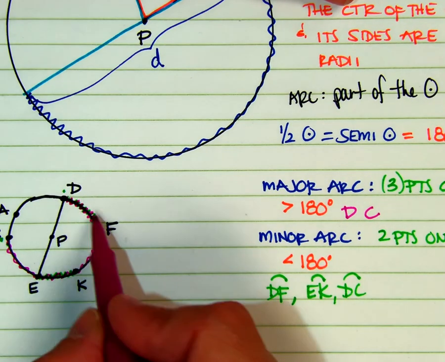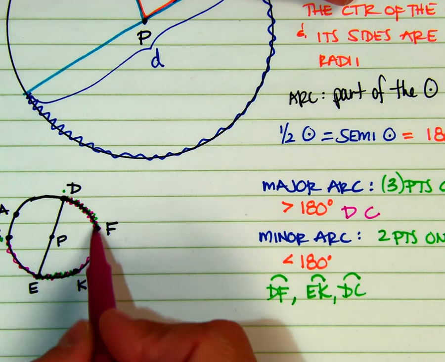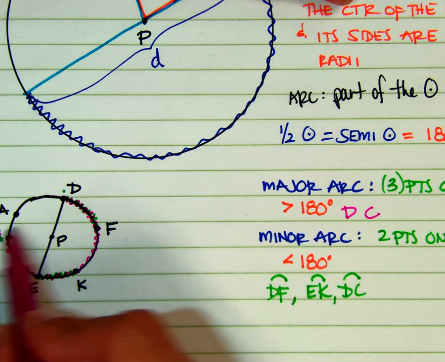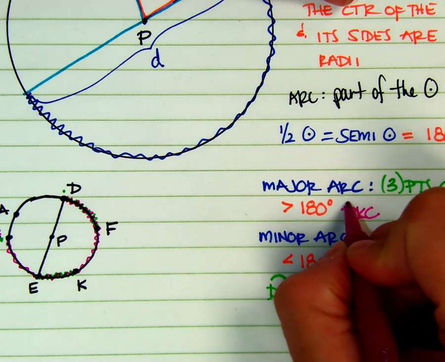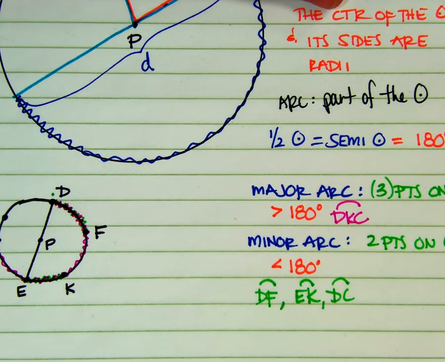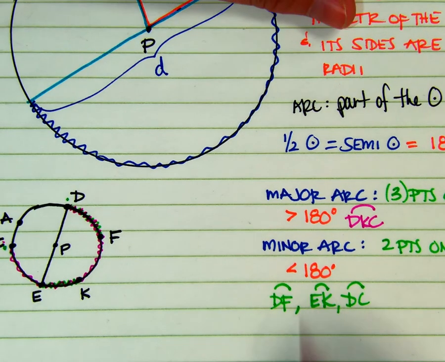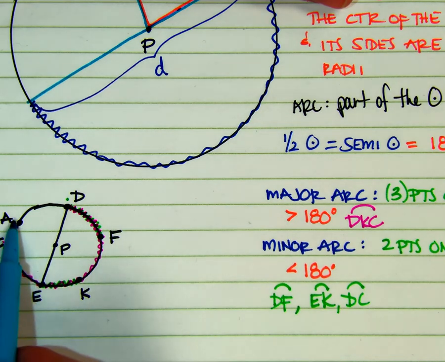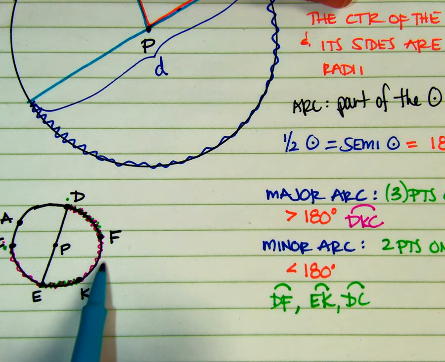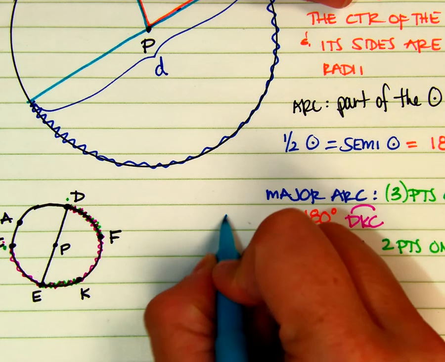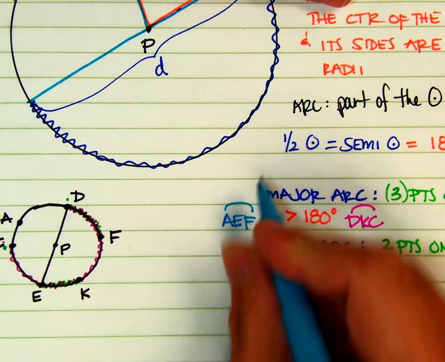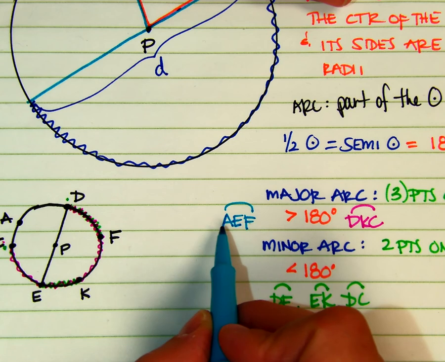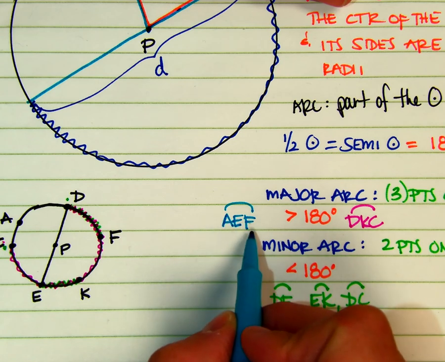So I could say DFC, I could say DKC, or I could say DEC. I'm just going to pick K. And then just like the other ones, there is an actual arc symbol. So if I have a major arc, and I'm talking about from A, going through all of these points, traveling to F, I would say arc AEF maybe. The point that you're passing through doesn't matter, but this is where I'm starting the arc, and this is where I'm stopping the arc.